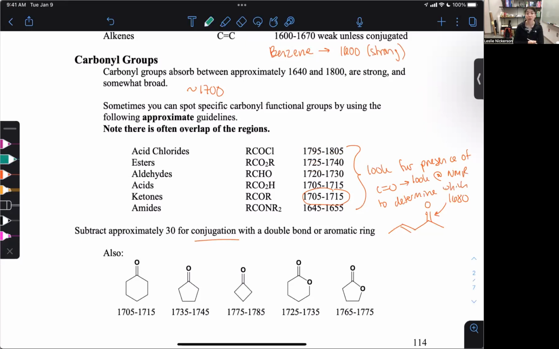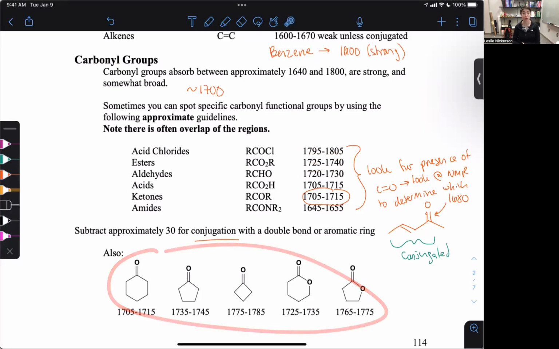Okay, so the NMR is going to tell you a lot more clearly what kind of carbonyl you've got in your molecule. So I think the IR is really helpful in just kind of pointing it out to you that you should look for a carbonyl. Okay, so I'm just going to label this really quick. This is conjugated. Okay, and then there's a couple of specific ones for various cyclic carbonyls as well.